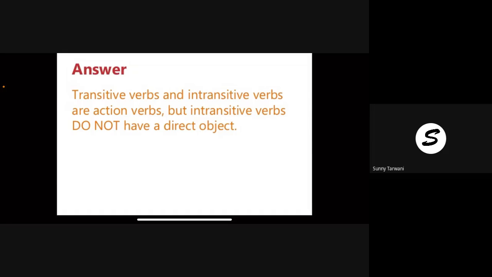Can you find me the subject, verb, and object in that sentence? Okay. For example, I play Ludo. What is subject, verb, and object? I is subject and play is verb and object is Ludo.